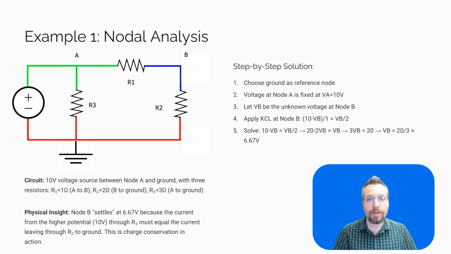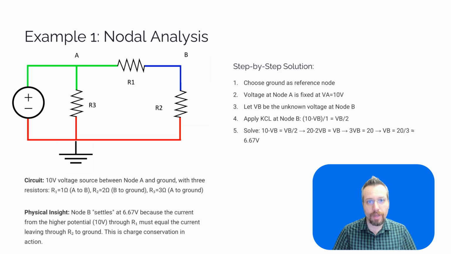Let's find the voltage at node B. We know the voltage of node A is 10 volts, and the voltage of ground is 0. If we apply KCL at node B, we see that (10 minus V_B) divided by 1 ohm is equal to V_B divided by 2 ohms. Therefore, we can solve the equation for V_B, as you can see in the video. The result is that V_B is equal to 6.67 volts.